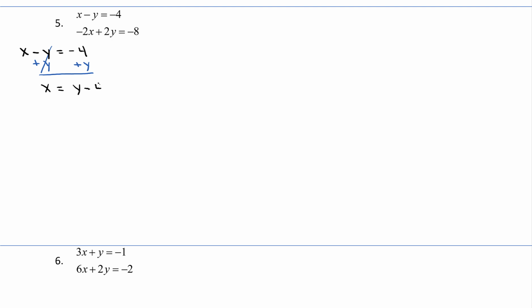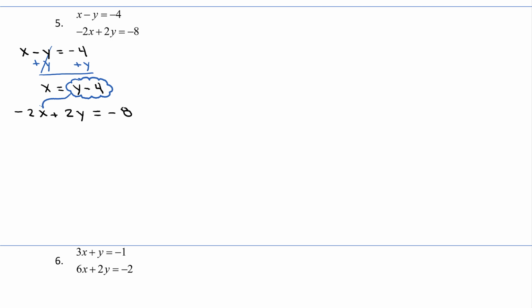Now we're ready to substitute y minus 4 in place of x into our other equation, the negative 2x plus 2y equals negative 8. So every time I see an x in this equation, I'm going to substitute y minus 4.